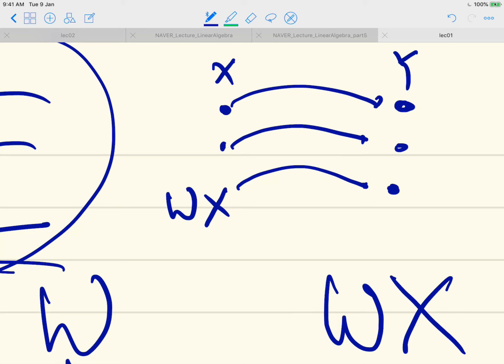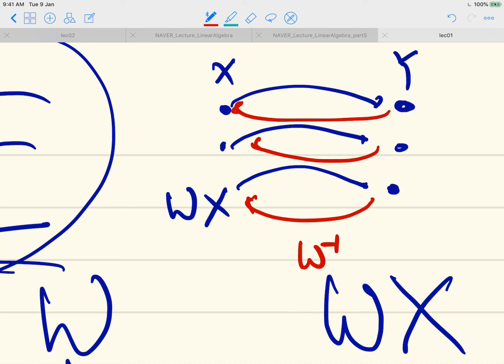But for any given X, we should always be able to go back to the original X by just applying W inverse to Y. So the inverse matrix, when viewed as a linear transforming matrix applied to an input matrix or vector, works like this: the original matrix will map the input into output.